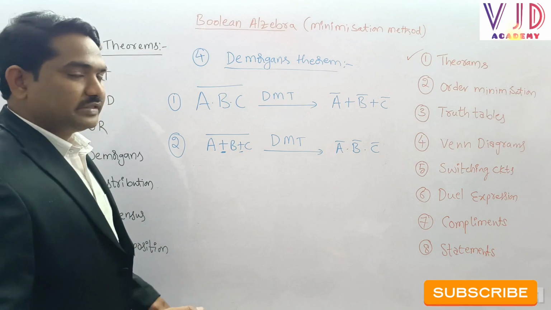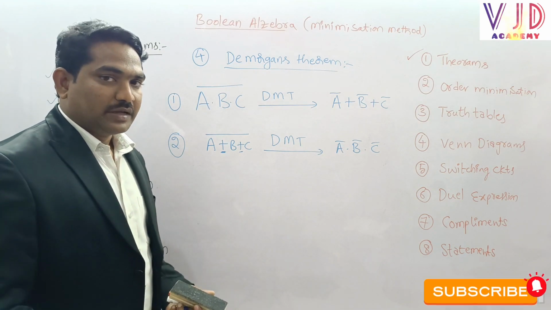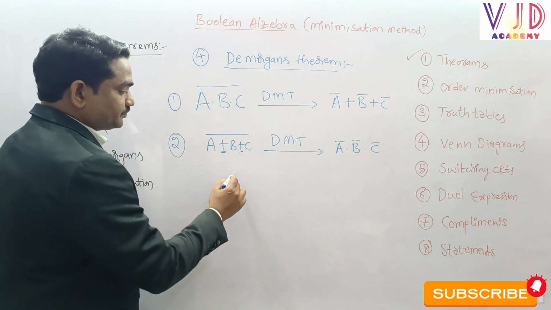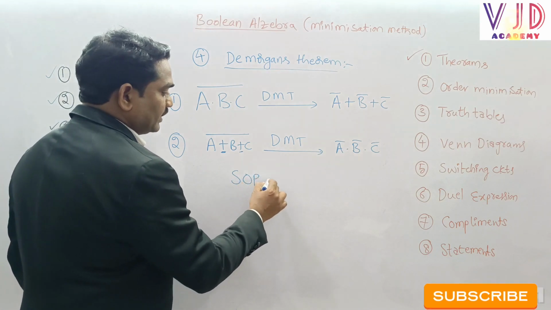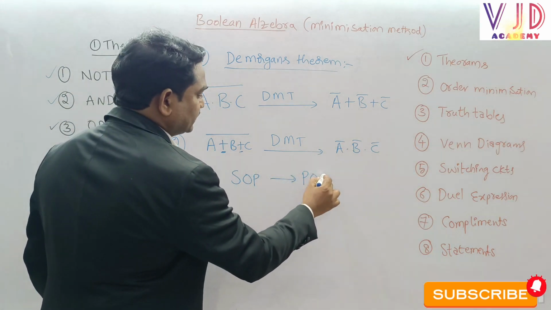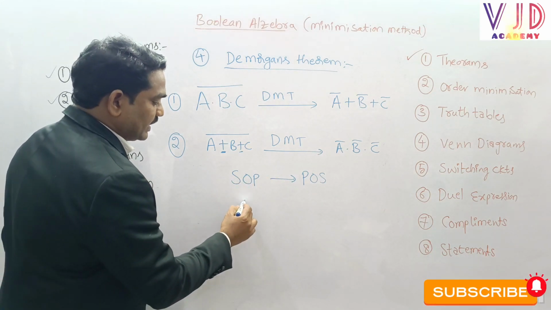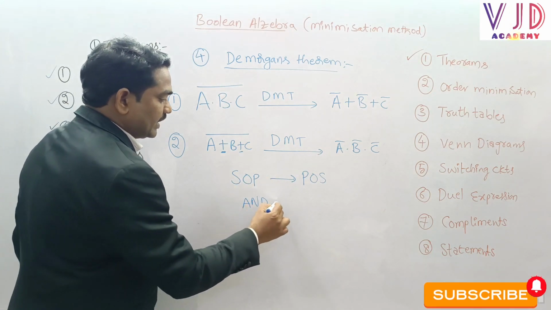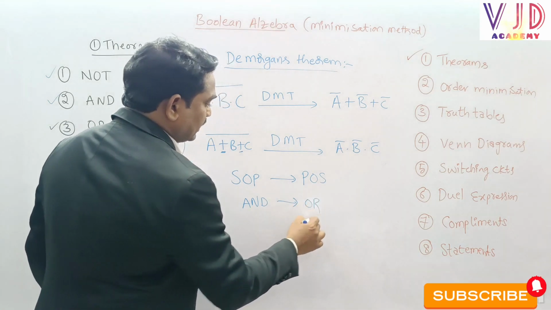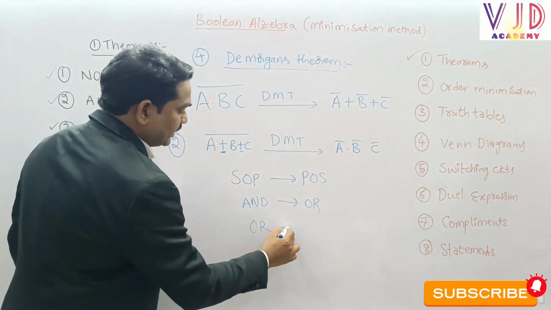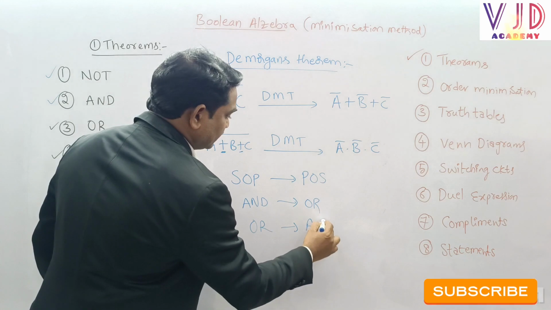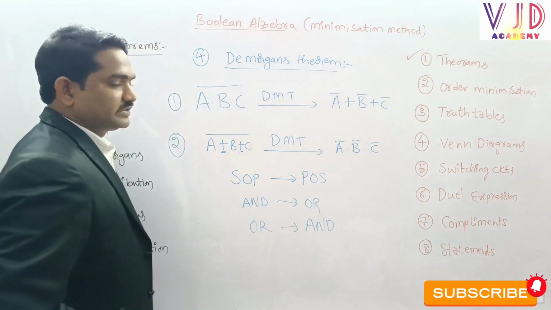Now we can say that De Morgan's theorem is a process of converting SOP to POS, sum of products to product of sum, or we can also say AND gate to OR gate, or OR gate to AND gate. This is De Morgan's theorem.